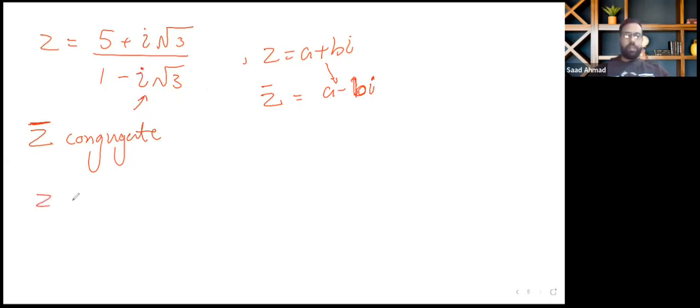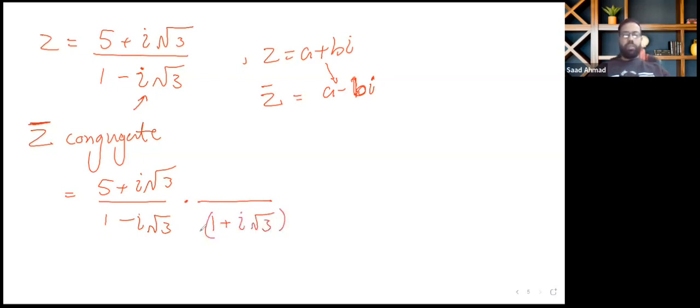So let's do that. We don't need to write the z anymore. So it will be equal to 5 plus i square root 3 over 1 minus i square root 3. We multiply it with its conjugate, which will be 1 plus i square root 3.